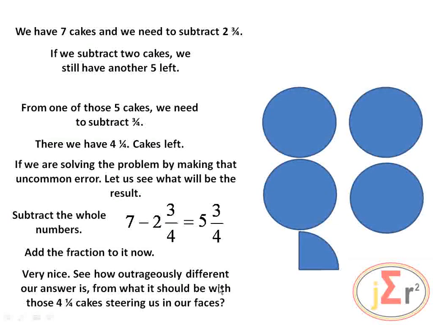Very nice. See how outrageously different our answer is from what it should be, with those cakes staring us in our faces, and yet still you have 5 3/4. That's very nice.